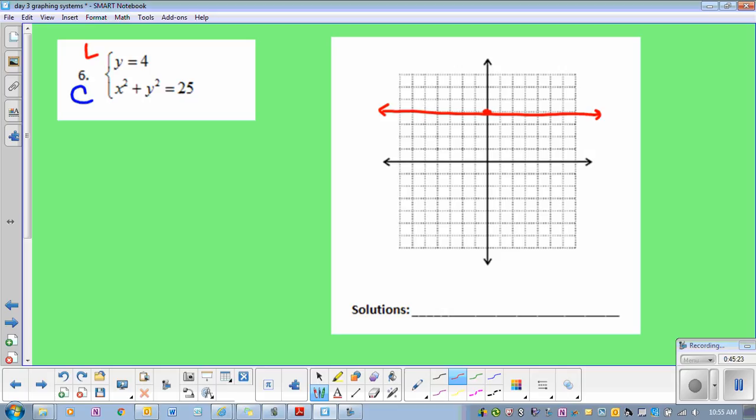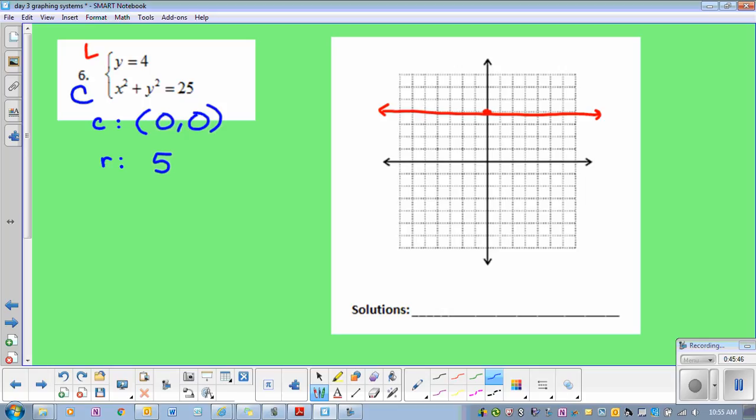All right. So now for the circle. For the circle, you need to find the center and then the radius, right? What is the center here? 0. Good. 0, 0. And what is my radius? Good. It's 5. It's got to be square root of 25, which is 5.